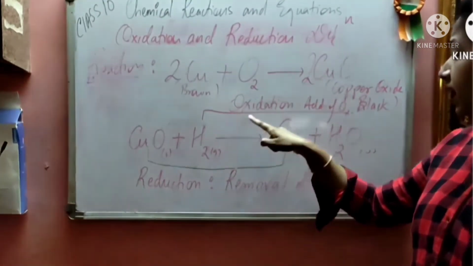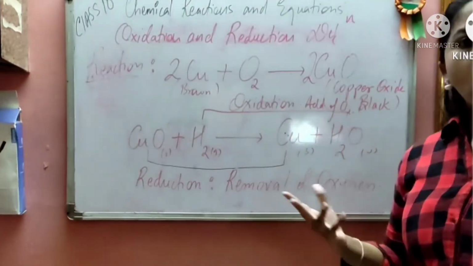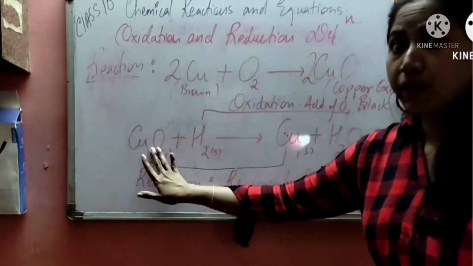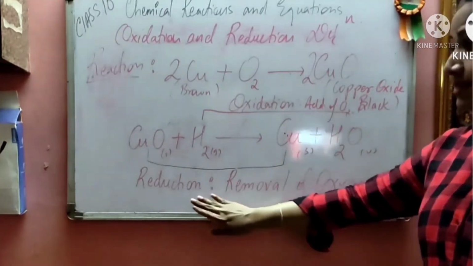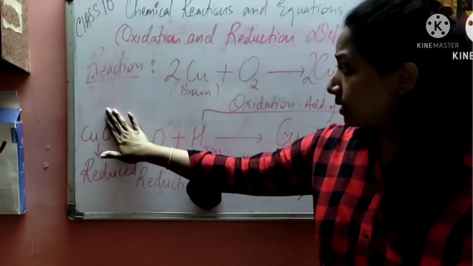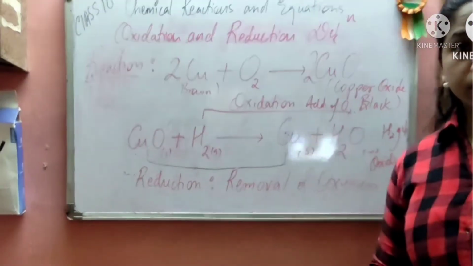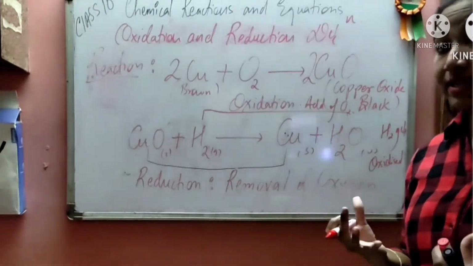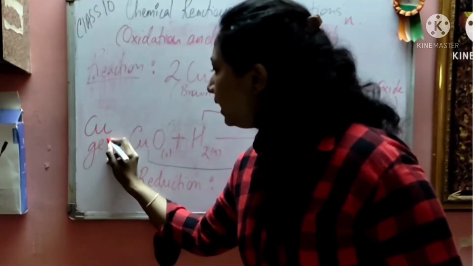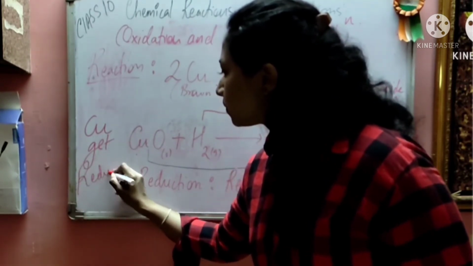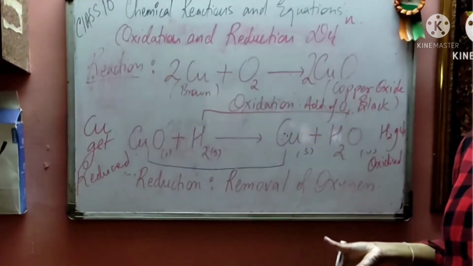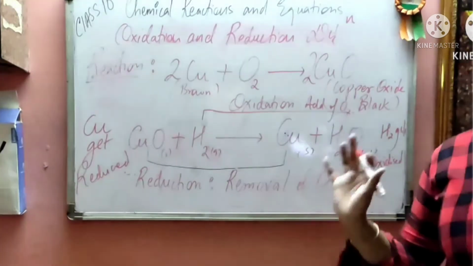Hydrogen is gaining oxygen, that means oxidation. Copper oxide is getting reduced. Hydrogen is getting oxygen, that means oxidation, that means hydrogen is getting oxidized.